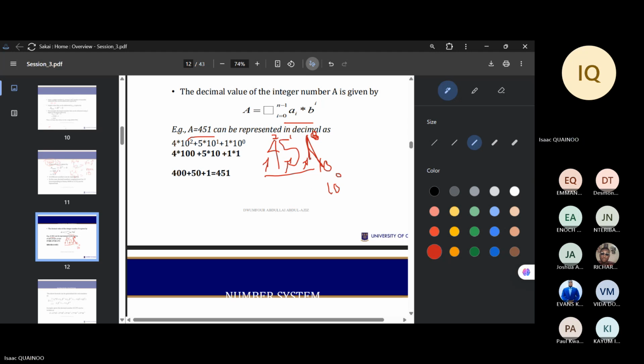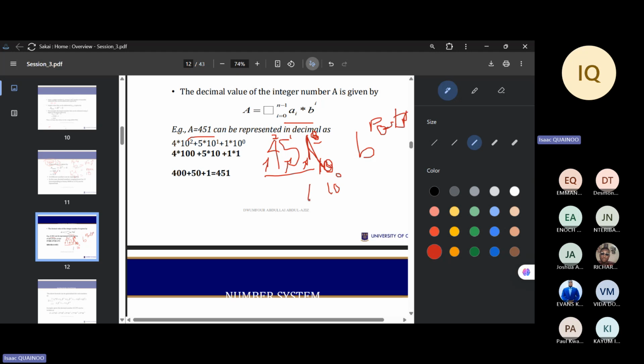So the base is 10 because this is decimal. So the weight of this 1 here becomes what? 10 to the power the position. So we have the base raised to the power the position, and we call that the weight of the number.